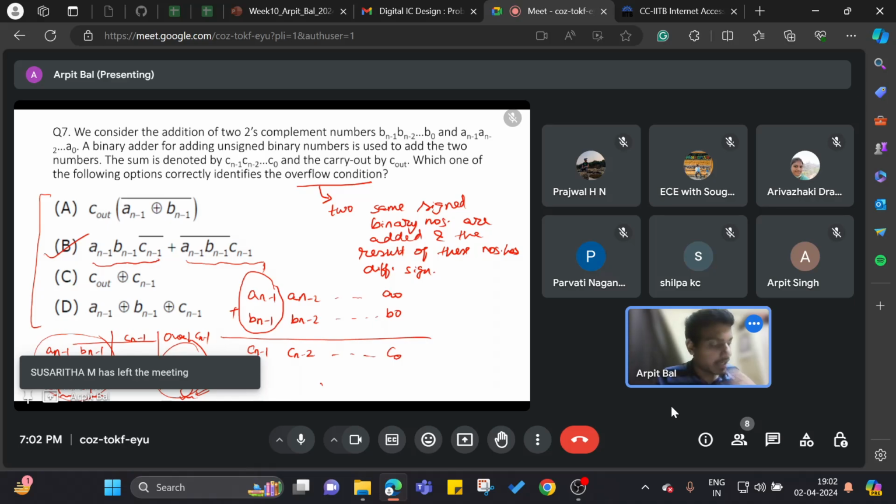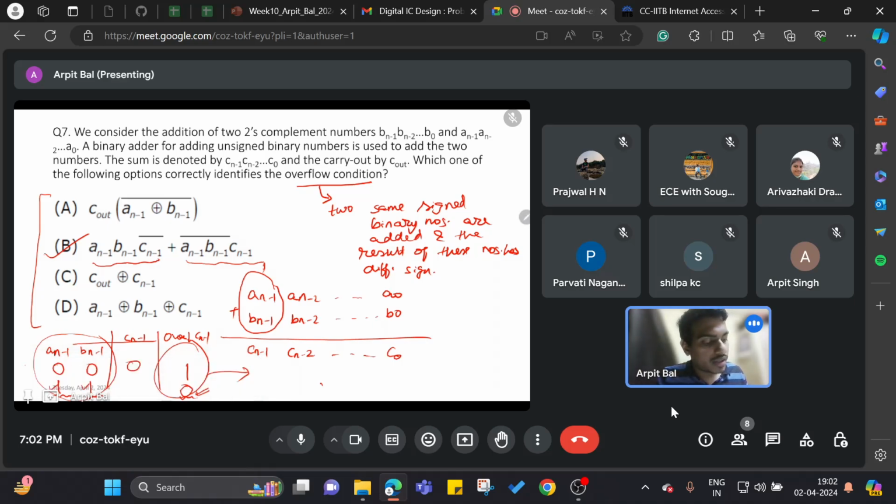To do so, we wrote the possible inputs and the subsequent condition that is going to identify whether an overflow has occurred or not, and based on this, option B is correct.